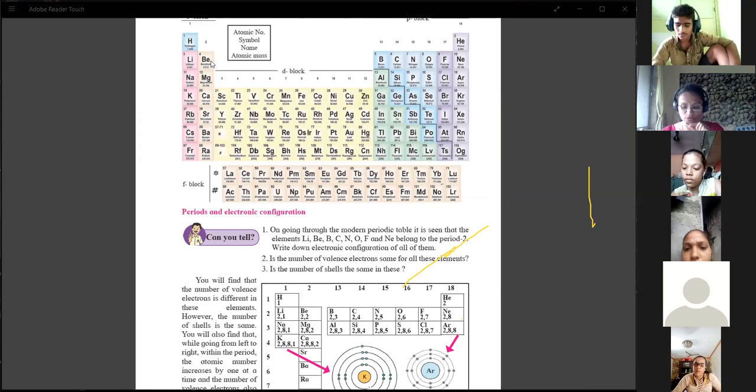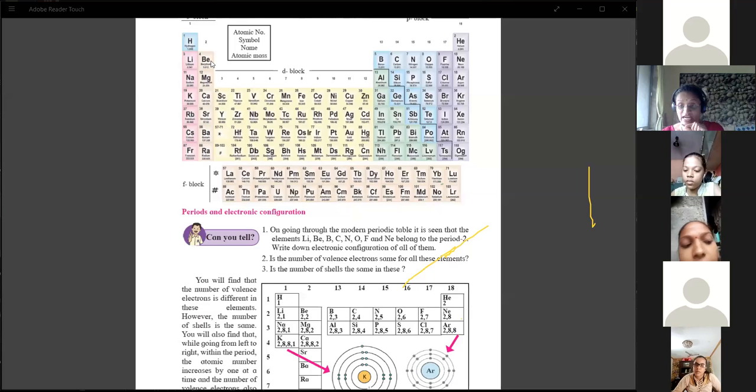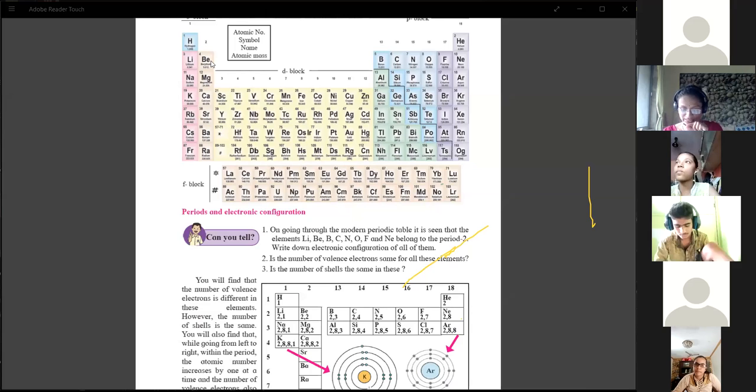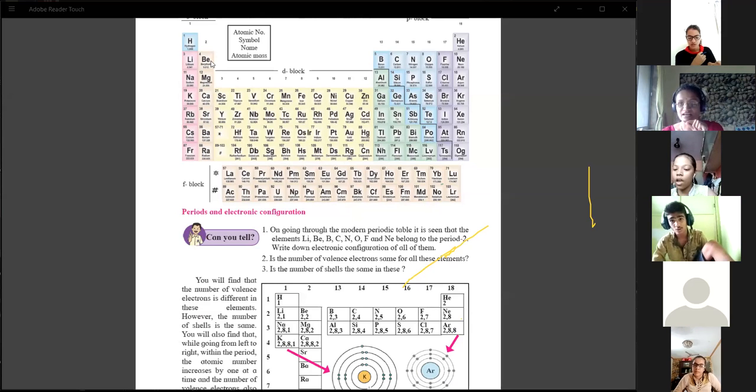Now question number 5. Write the name and symbol of the element. The first one, the atom having the smallest size. Hydrogen. The atom having the smallest atomic size is hydrogen.